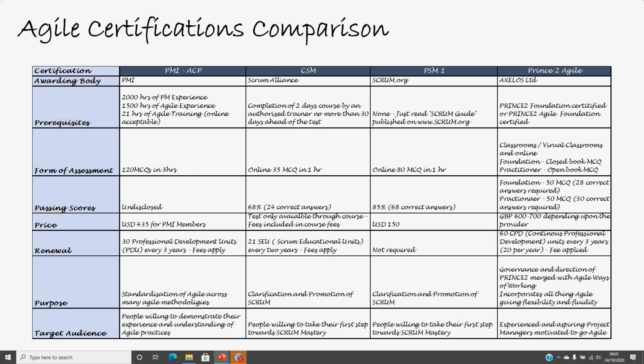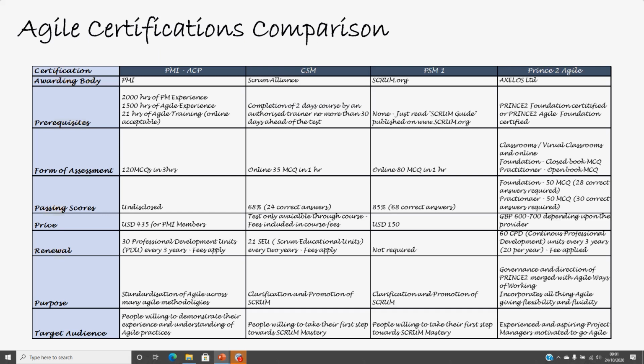So the prerequisite is this: if you have the Prince2 Foundation certification, just a normal Prince2 Foundation certification, then you can take the Prince2 Agile Practitioner certificate exam. Or you could have the Prince2 Agile Foundation certification as well. So Prince2 Agile Foundation and Prince2 Agile Practitioner are two different certifications.